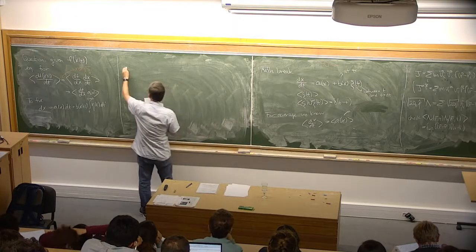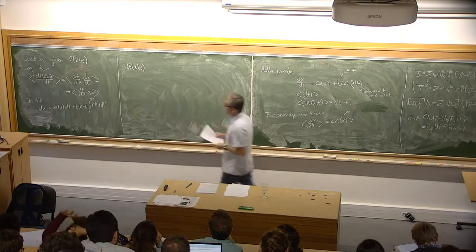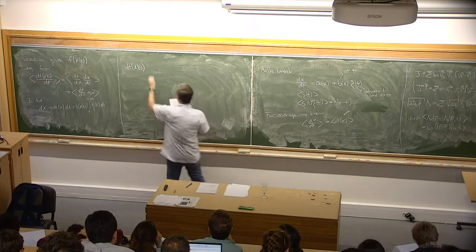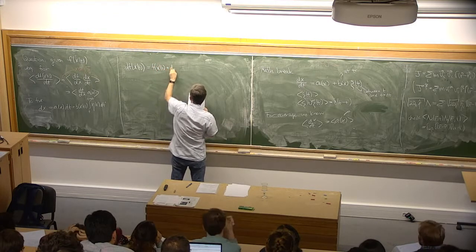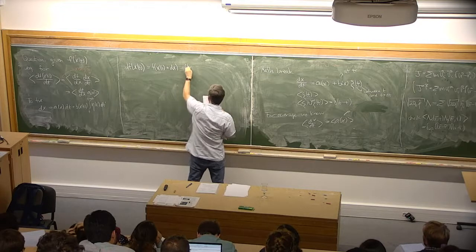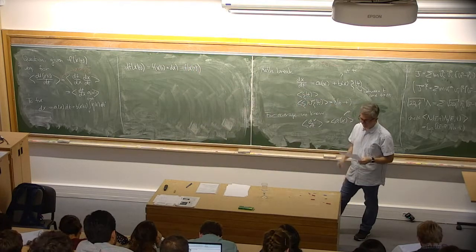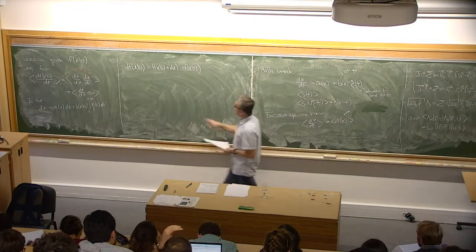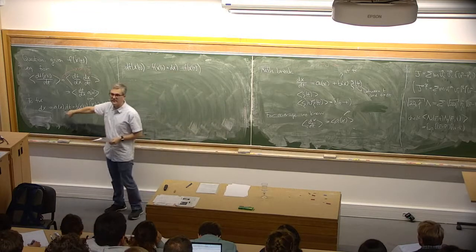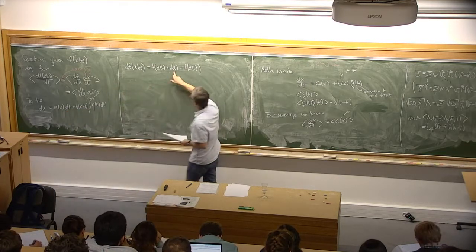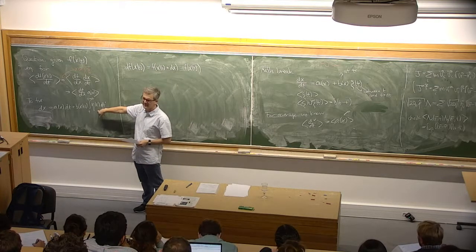Okay, so I'm going to look at df of x of t. That's easy enough: f of x of t plus dx minus f of x of t. That's what we mean when we write that. Now remember dx has a term of order dt, but then this guy also has a term of order square root of dt.